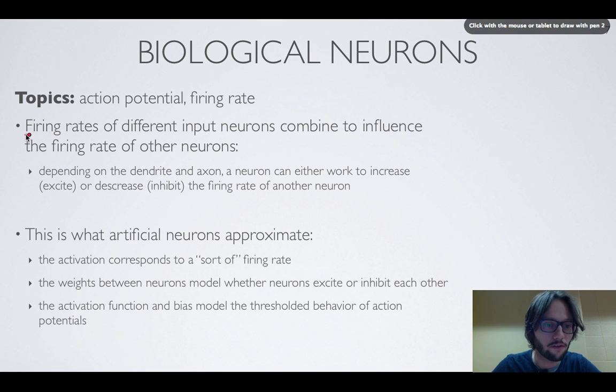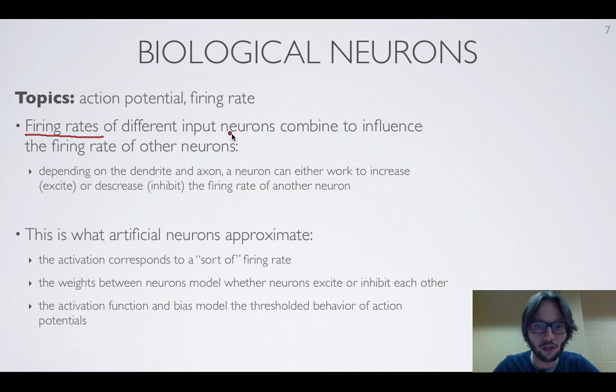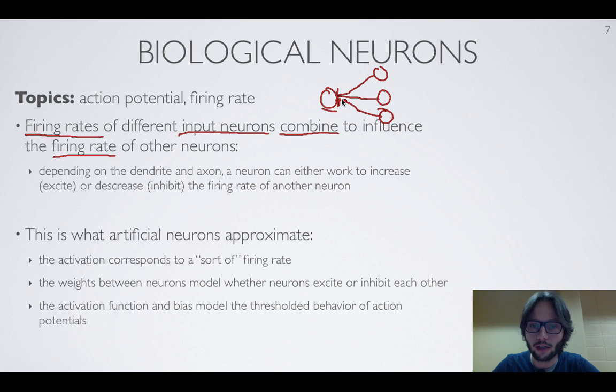So the firing rates of the other neurons that are connected to a given neuron, which we'll call the input neurons, will effectively combine to influence the firing rate of the neuron they're connected to. If we have one neuron that is connected to many more neurons, their axons eventually reach some dendrite of this neuron here, and the firing rate information would be propagated in this way.